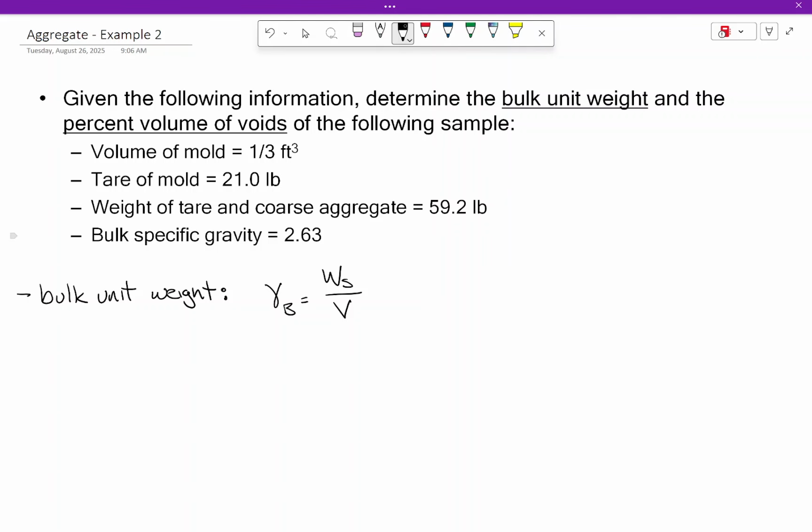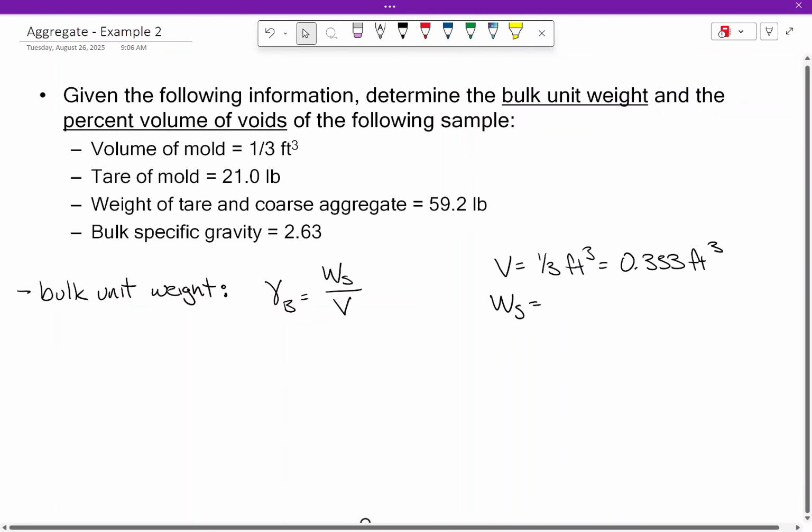What is the volume? The volume is going to be a third of a cubic foot, or something like that. Is that a fair statement? Now, what is the weight of the solids? How am I going to figure that out? Well, what do I know? Think of this mold as a bucket.